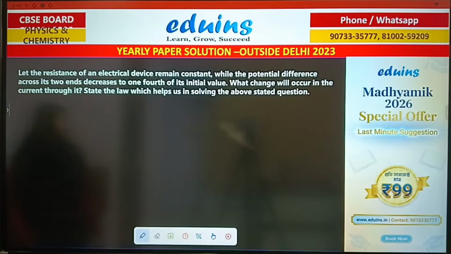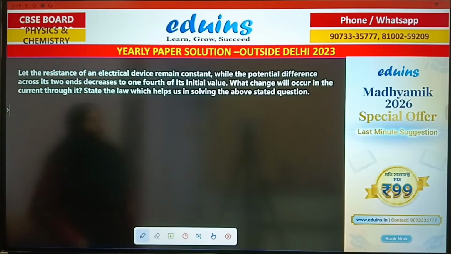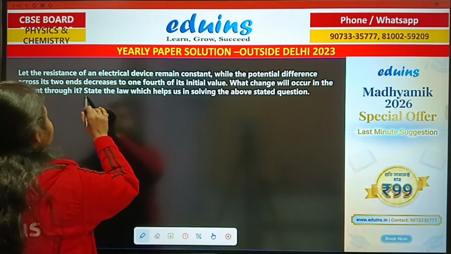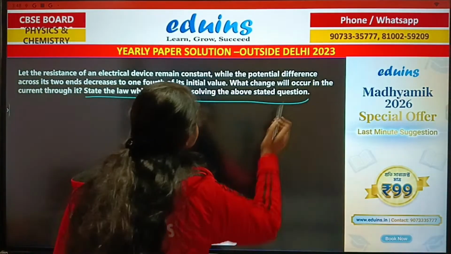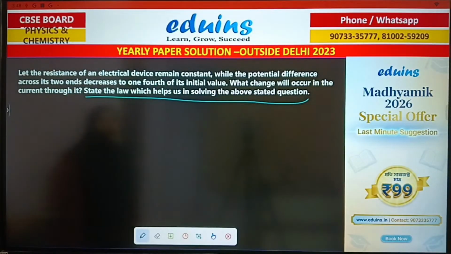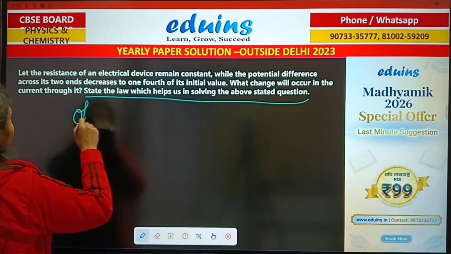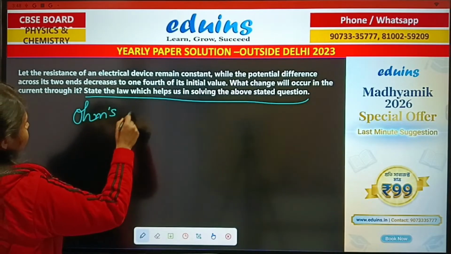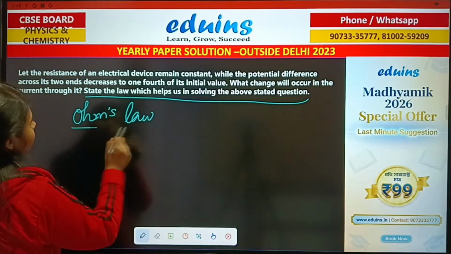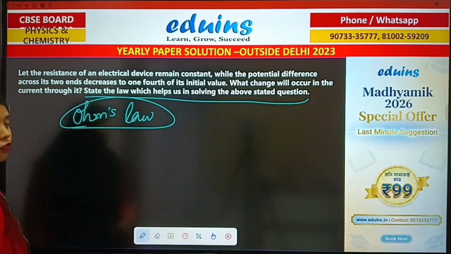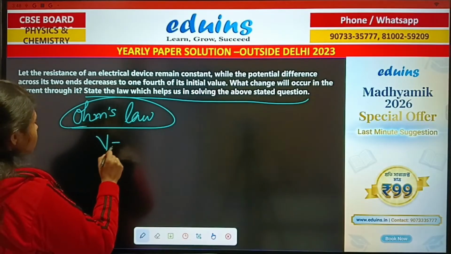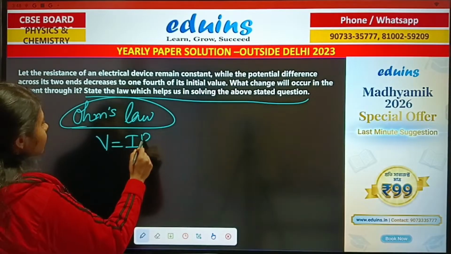We have to start the answer with the second part of the question. State the law which helps us in solving the above question. So, Ohm's law. The statement of Ohm's law: V is equal to IR.